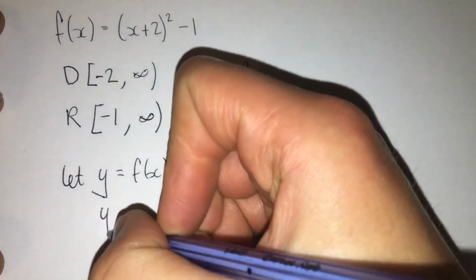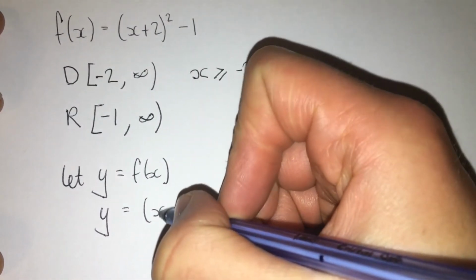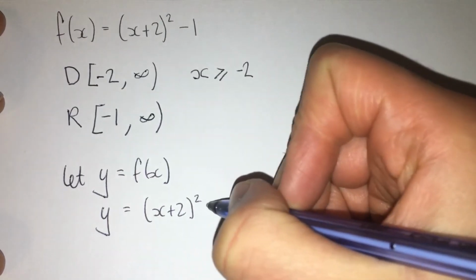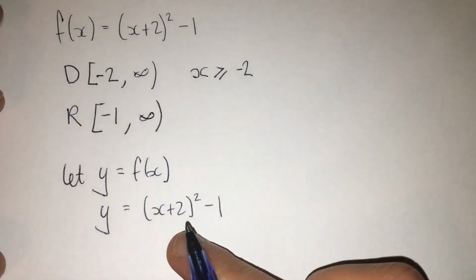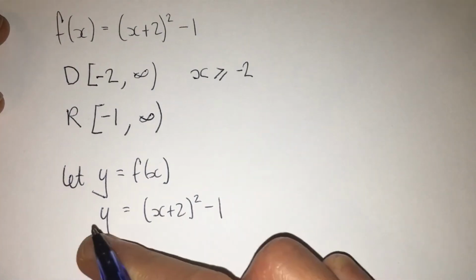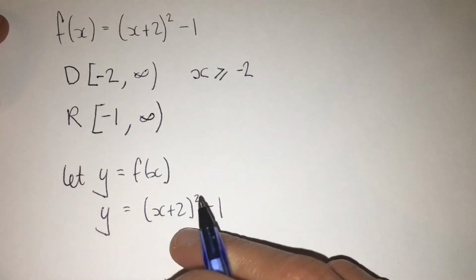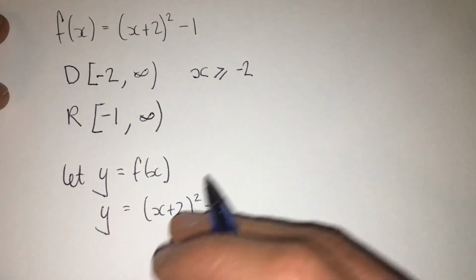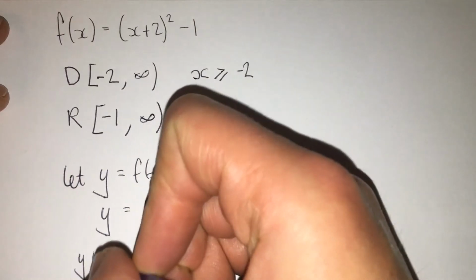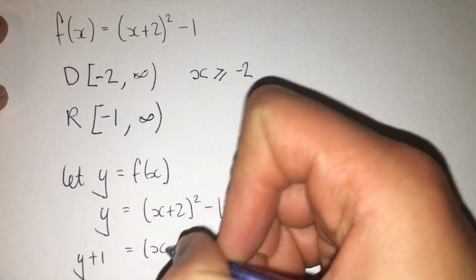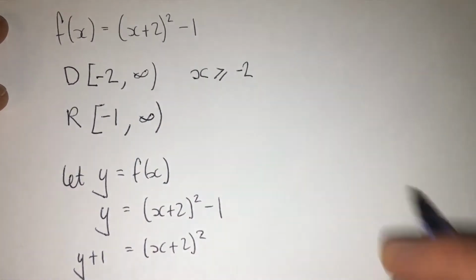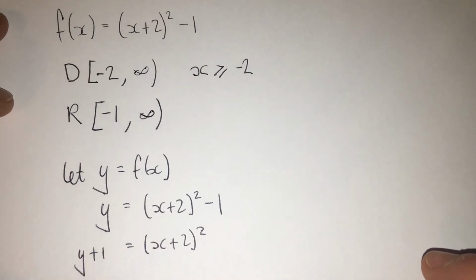So now we have y equals the square of x plus 2, take away 1. And what we want to do is change the subject of this equation. So instead of y equals, we want x equals. So we'll do y plus 1 is equal to the square of x plus 2. And now we're going to square root.